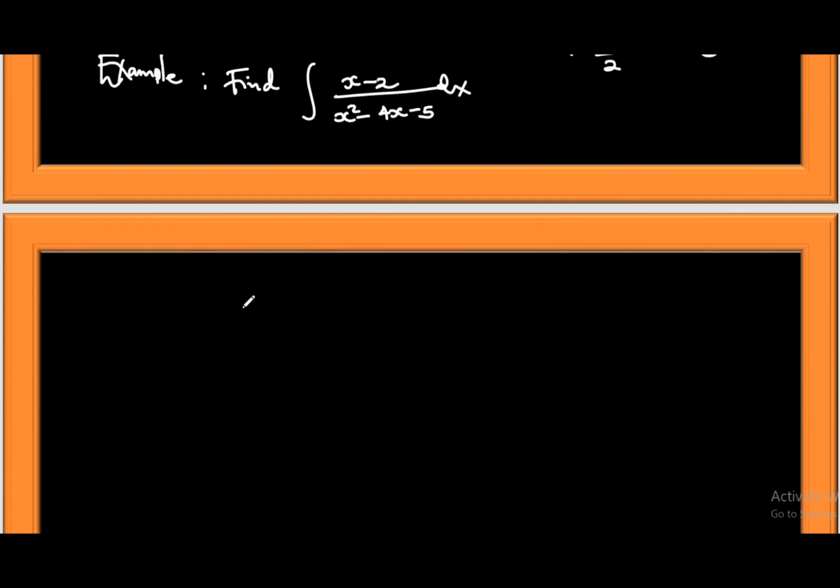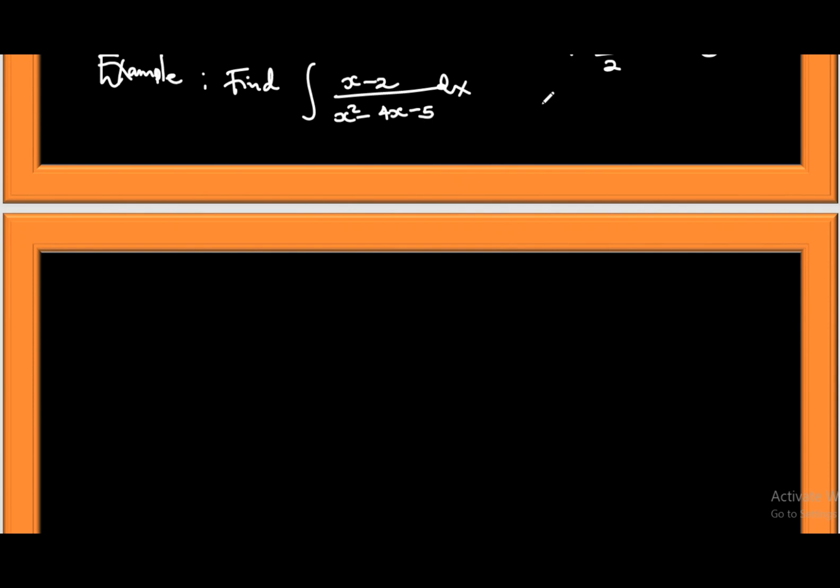So when you look at example 2, they're telling us to find the integral of that directly. They're telling you to integrate. But you need to first appreciate the fact that this is a proper fraction. And then the denominator is a quadratic expression which is factorizable. So what you begin by doing is you first try and check out how to factorize x squared minus 4x minus 5.